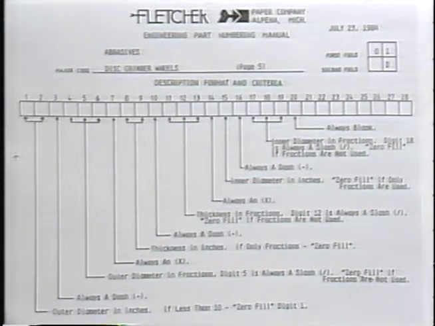The description of 4, 5, and 6 is outer diameter in fractions. Okay? 5 is always a slash. 0 fill if fractions are not used. So that means 4 and 6 are going to have dimensions to them in fractions, and 5 is always a slash.